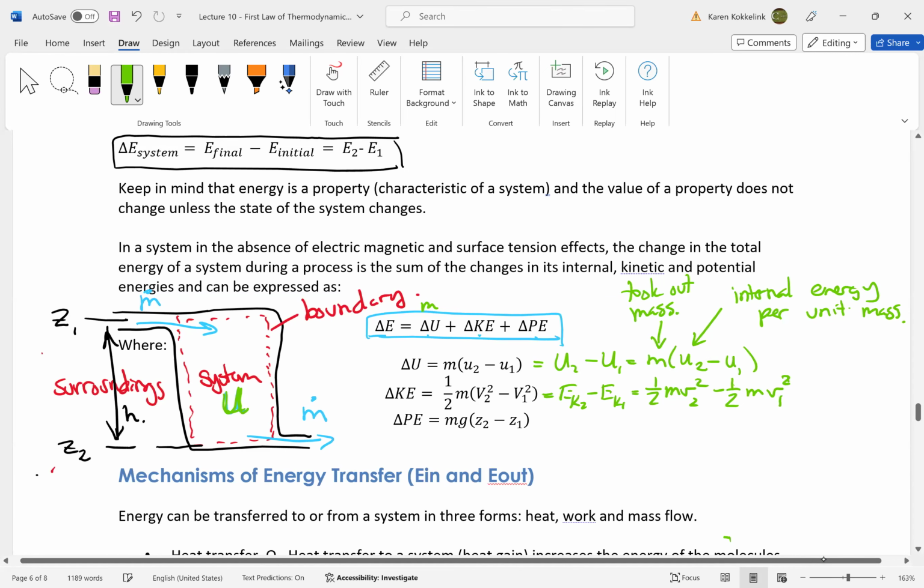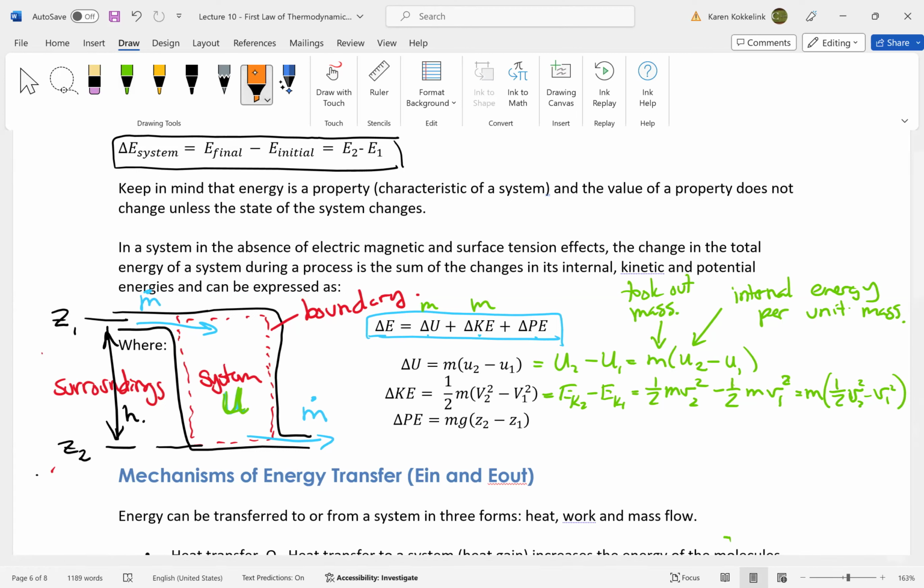But the same amount of mass entered and left, so I can factor out mass and get 1/2 times v2 squared minus v1 squared. I took out mass here because I know that this is going to help me.